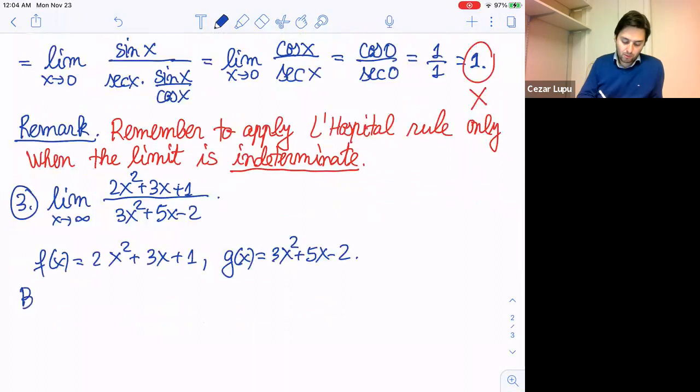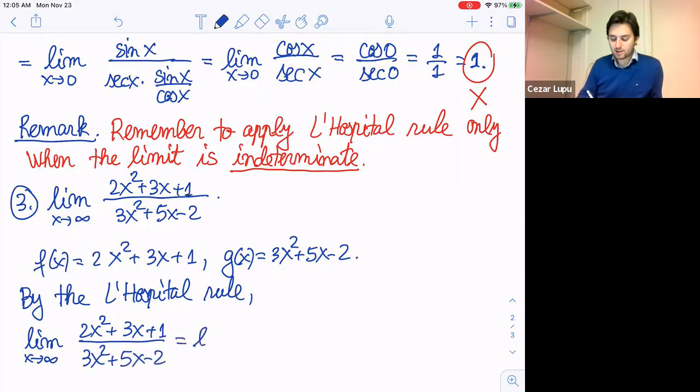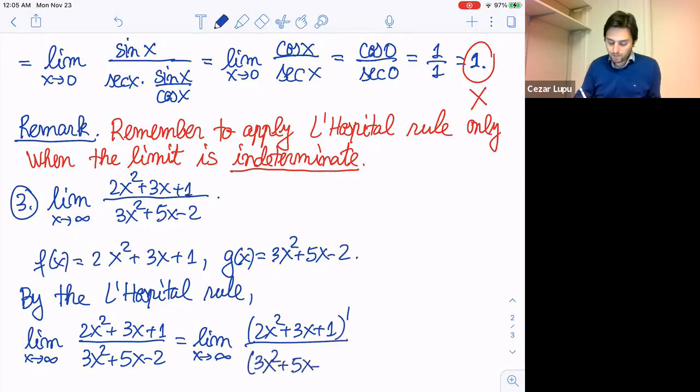So now by the L'Hopital rule, we have that limit as x approaches infinity of 2x squared plus 3x plus 1, everything over 3x squared plus 5x minus 2 is the limit as x approaches infinity of the derivative of the numerator, everything over the derivative of 3x squared plus 5x minus 2.